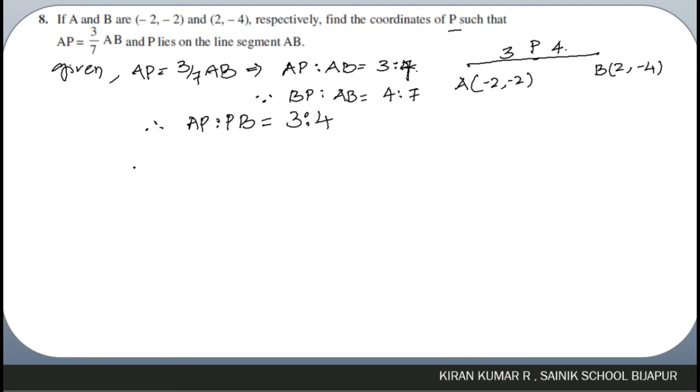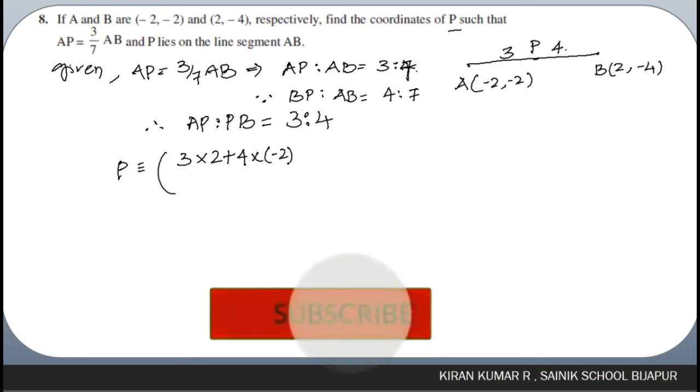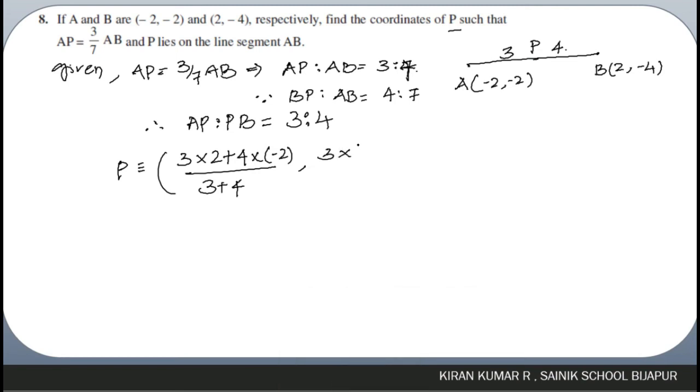Let us use the section formula. The coordinate of point P is 3 multiplied by 2 plus 4 multiplied by negative 2 divided by 3 plus 4, comma 3 multiplied by negative 4 plus 4 multiplied by negative 3 divided by 3 plus 4.